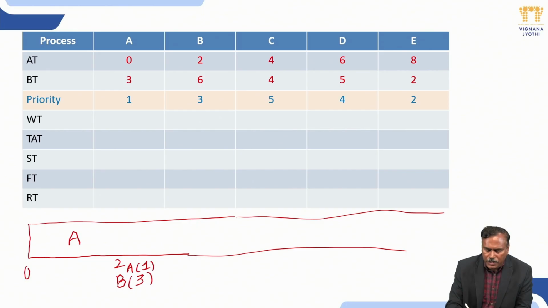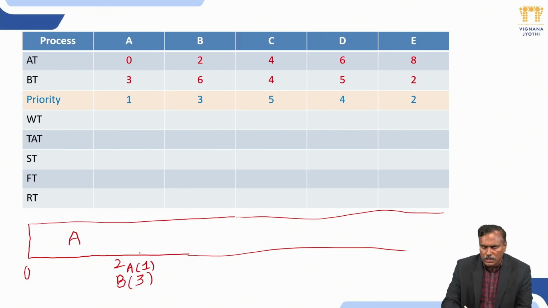And one more important thing that you need to remember about this priority is that the lowest number indicates highest precedence or rank. So at the second interval of time, the rank of process B is 3 and the rank of process A is 1. So 1 indicates the highest rank.